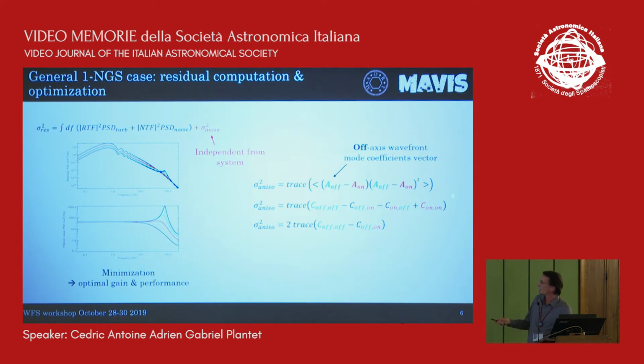You can express the covariance matrix of the mode coefficients between the on-axis direction and the off-axis direction, and you get an expression that can be analytically computed. So you can express the same anisoplanatic error using PSDs and cross PSDs, because the covariance is the integral of the PSD.